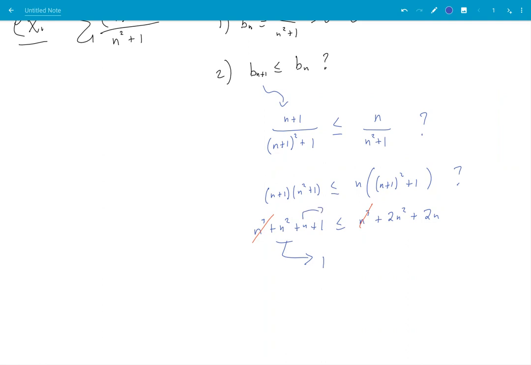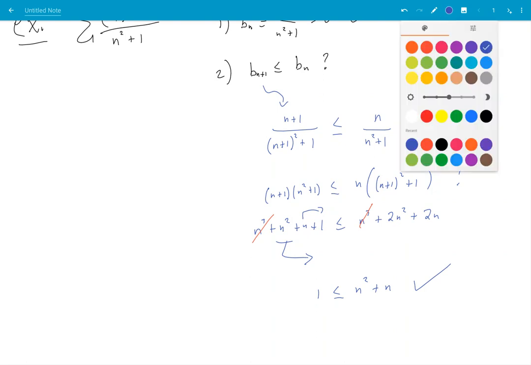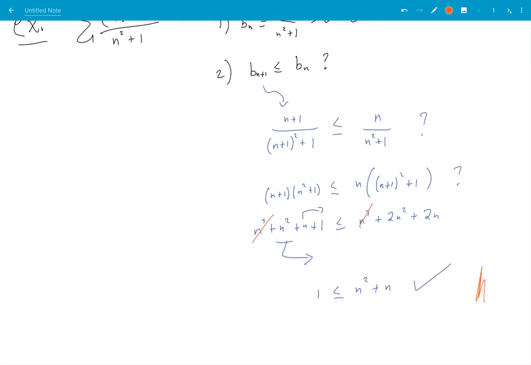So 1, let's go lower here. 1 less than or equal to n squared plus n. Yes, that's obviously true. Okay, n is a positive integer. So logically, my demonstration says, okay, this is obviously true, so this is true, so this is true, so this is true.